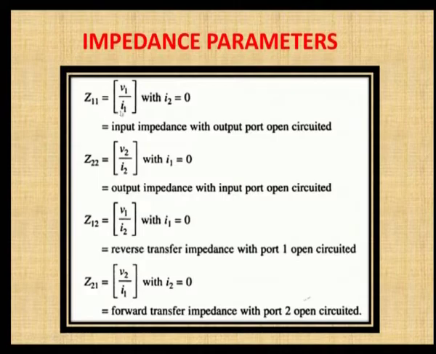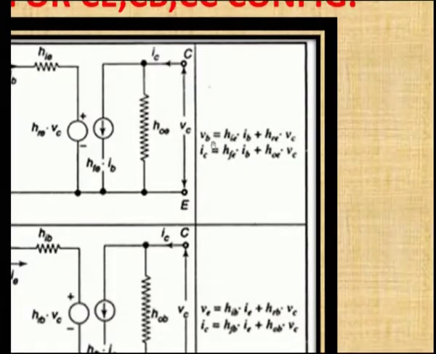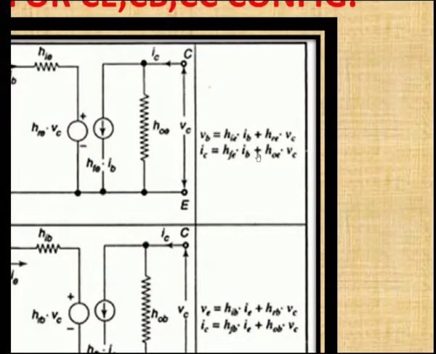So, to calculate the Z parameter, when you see the equation of the voltage and the current, here this is represented for H parameters. If it is for Z parameter, we have to consider two variables as independent variables and the other two variables are the function of those independent variables.